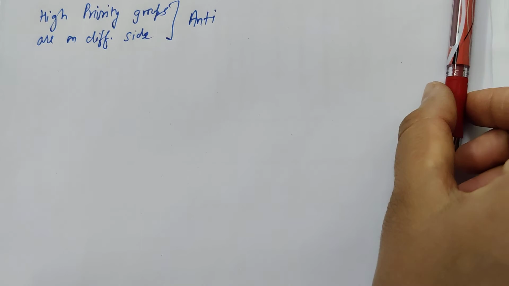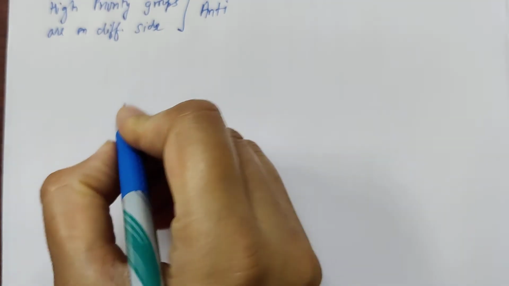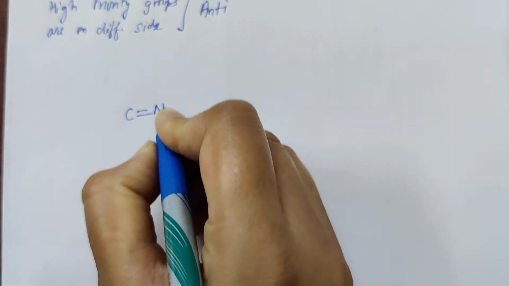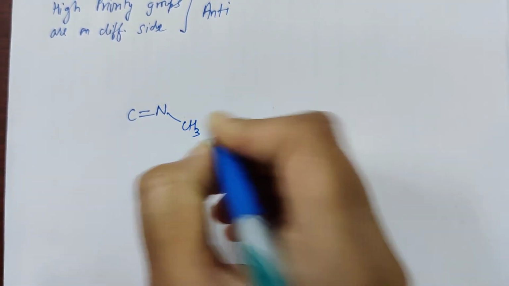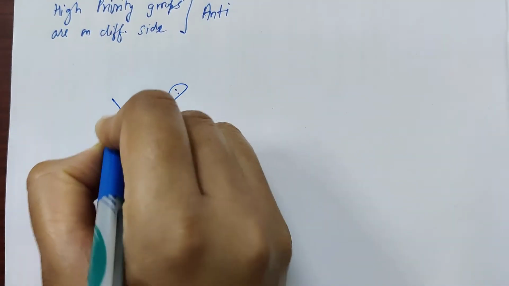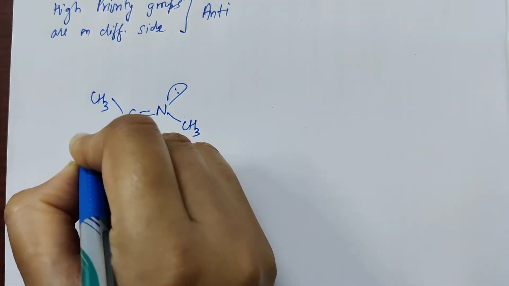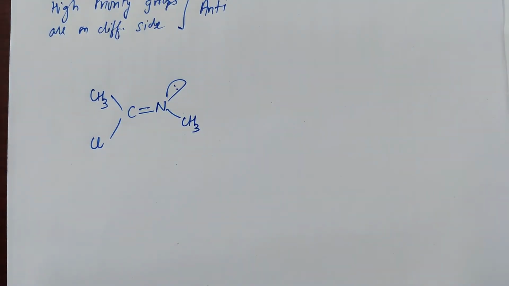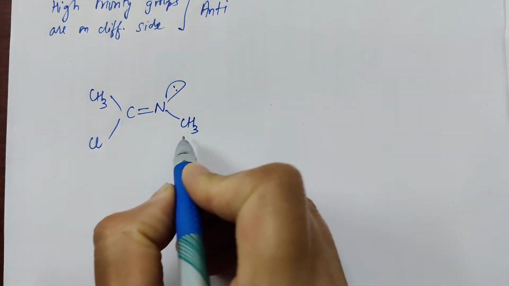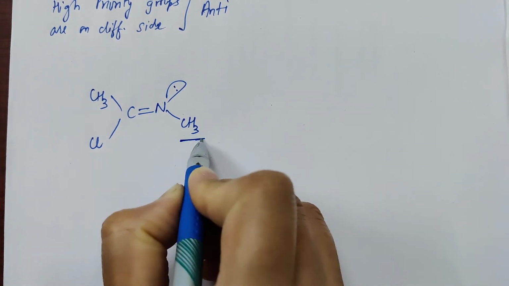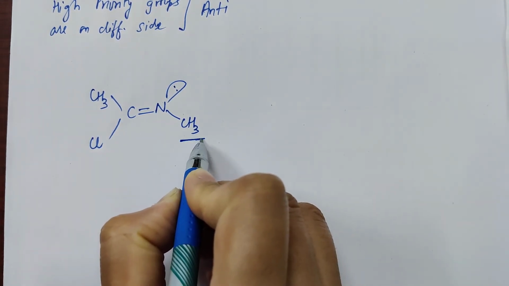So let's take some example. Let's say we have this CH3, a lone pair, CH3Cl. Now we have to assign whether it's a Syn or an anti compound. On the right hand side, the methyl group is the higher priority group.